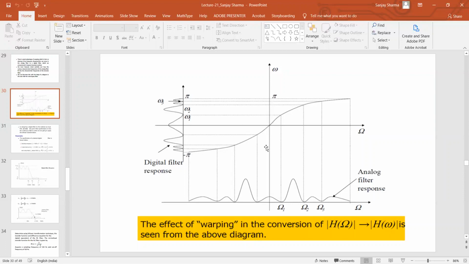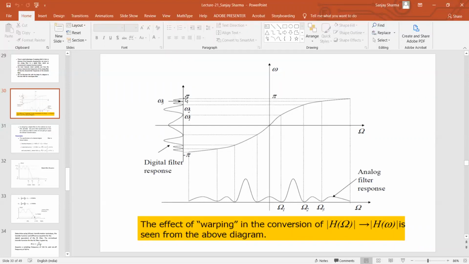Now you see the gap between capital omega 1, capital omega 2 and capital omega 3. This is a wider gap. Now see the gap between small omega 1, small omega 2, and small omega 3. The characteristics are the same. It's giving me the digital filter response, right?